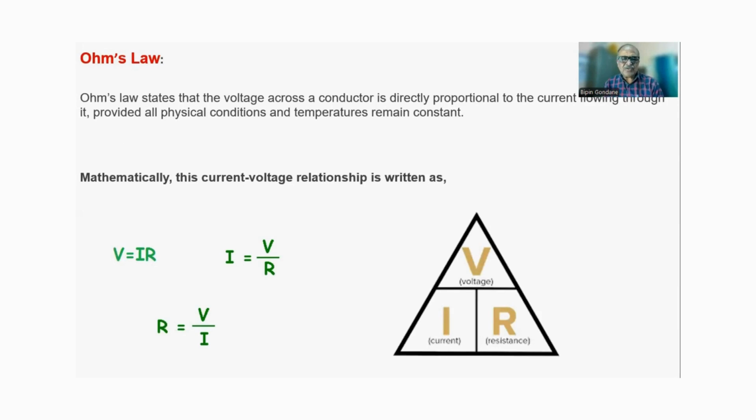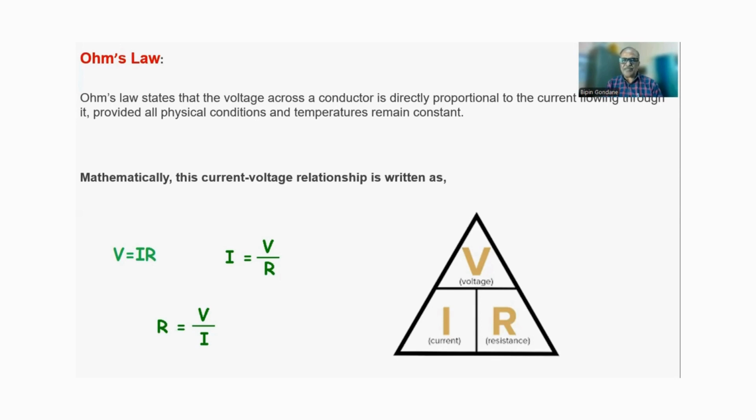In this slide, please remember, you should be very thorough with Ohm's law. It states that the voltage across a conductor is directly proportional to the current flowing through it, provided all physical conditions and temperature remain constant.